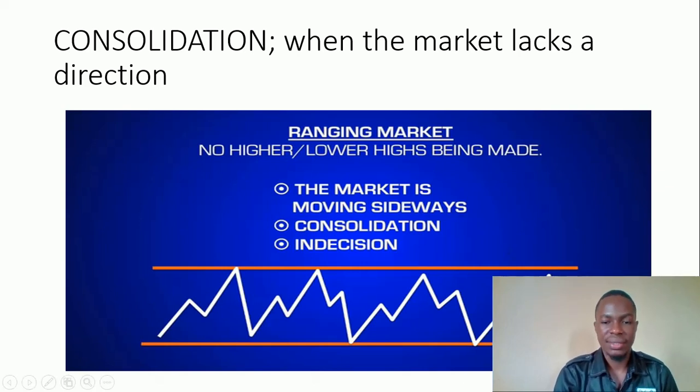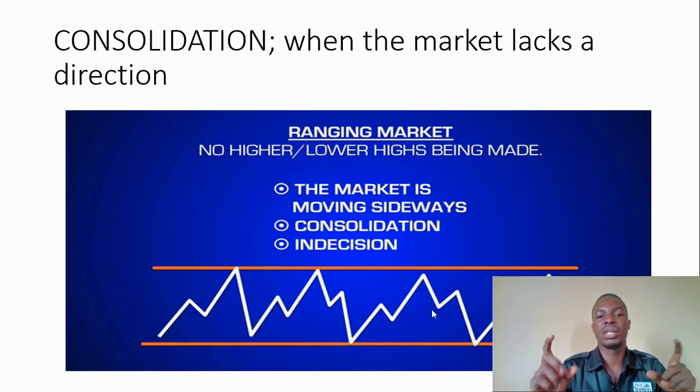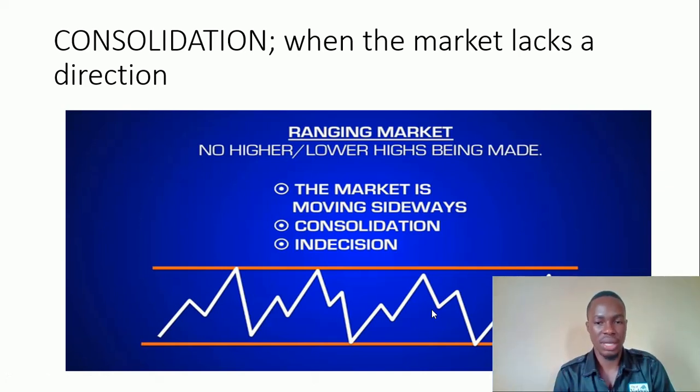But basically, the longer a market consolidates, the stronger the trend is going to be. What I mean by that is, if a market consolidates for a very long period of time, it tends to make a stronger uptrend or downtrend when it eventually decides to trend.